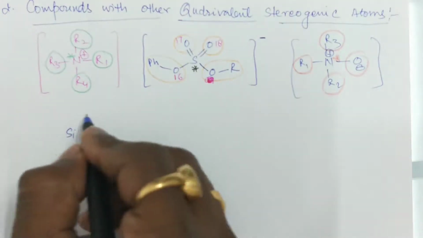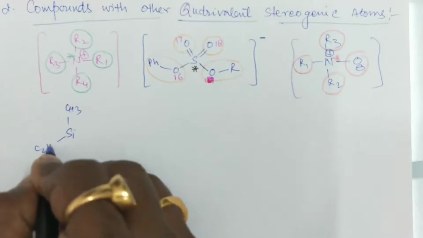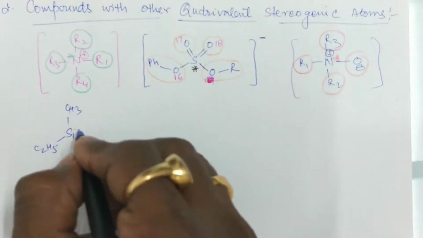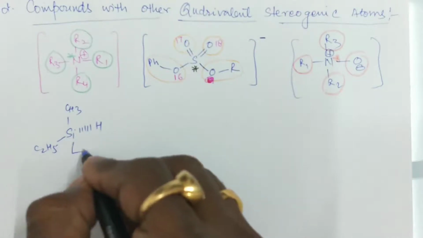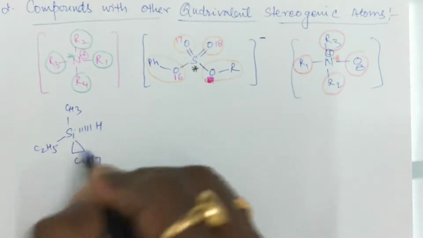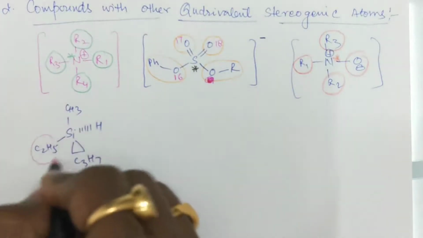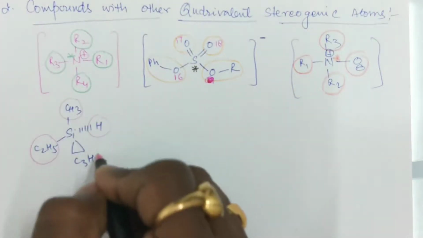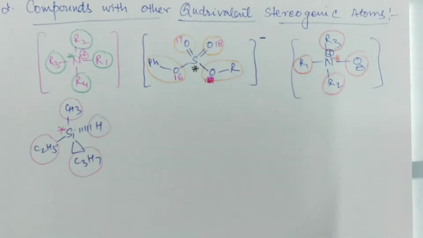This is also tetravalent: CH3, C2H5, H, and C3H7. All four groups are different, so it is also stereogenic.